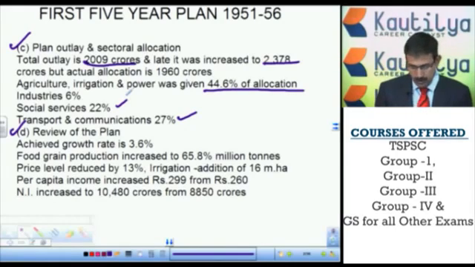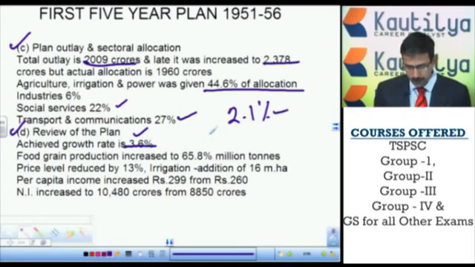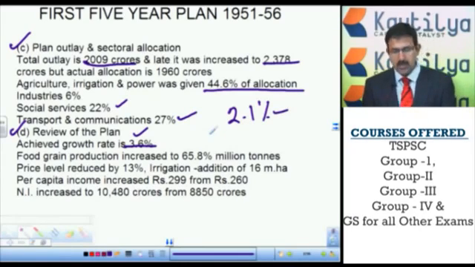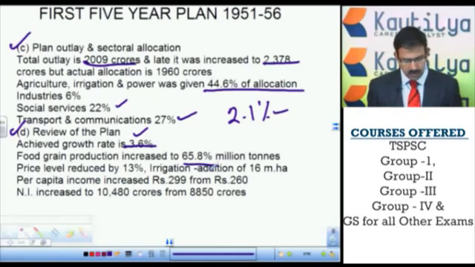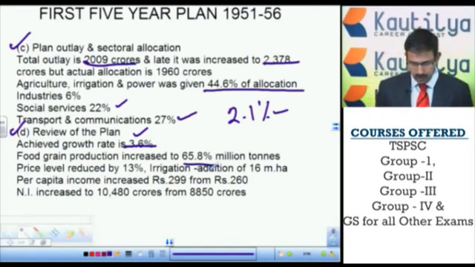Then the review of the plan. The achieved growth rate is 3.6%, as we had targeted only 2.1%, whereas the achieved growth rate is 3.6. Agriculture food grain production has tremendously increased from 50 plus million tons to 65 million tons. This is a very bumper production, because the monsoon was very good.